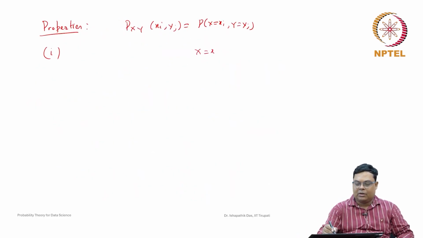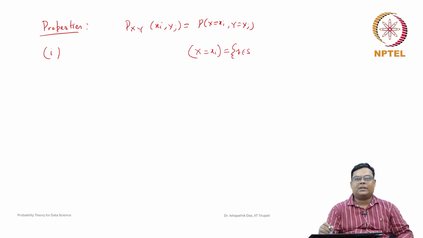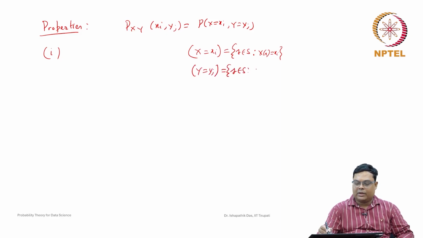So, x is equal to x i is an event corresponding to s belonging to the sample space, because x is a random variable, meaning it is a measurable function from S to R. So, all s satisfying x of s exactly equal to x i, and all s belonging to S such that y of s is equal to y j, these are events, and if you take the intersection of these, this is nothing but the probability that x is equal to x i intersection y is equal to y j.